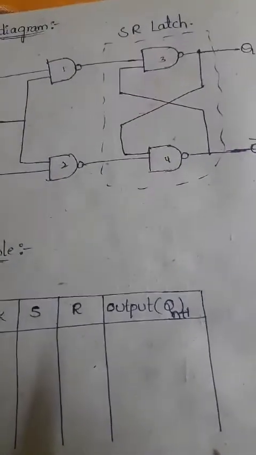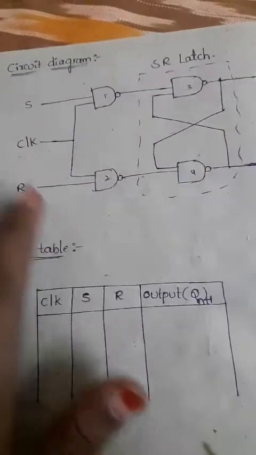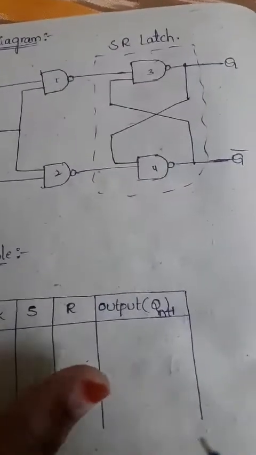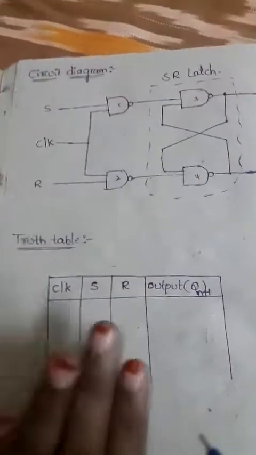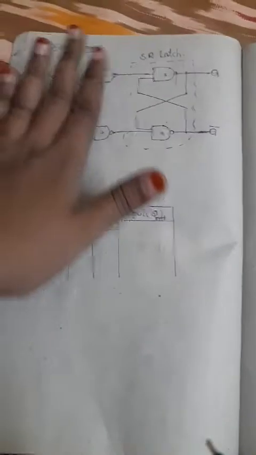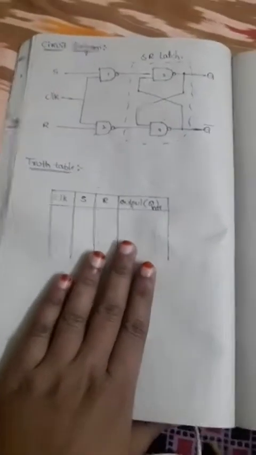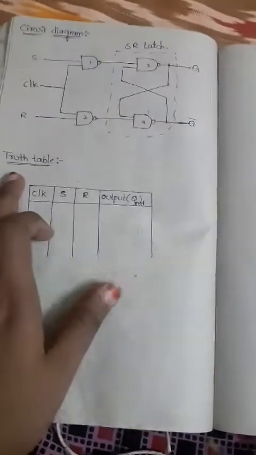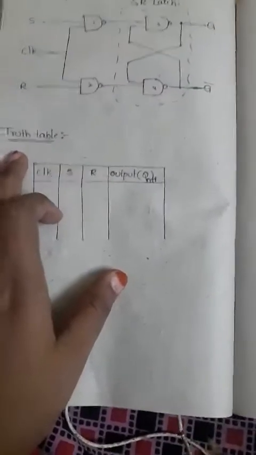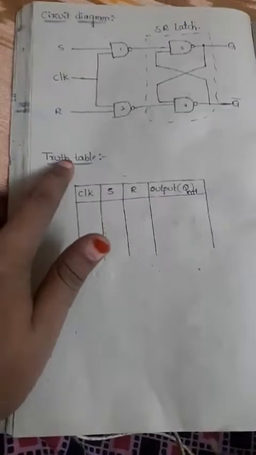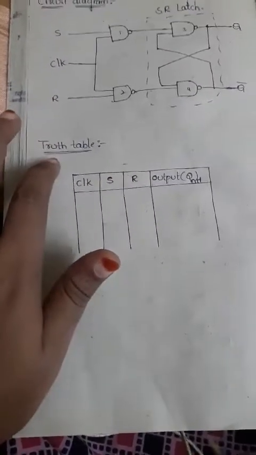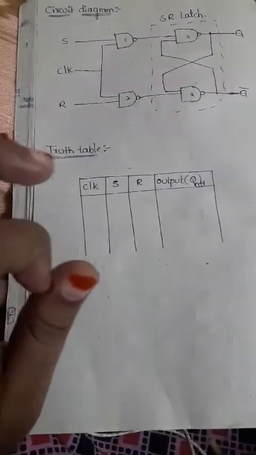So now let's see the working principle of the SR flip-flop. This is the circuit diagram. Now we'll see the working principle, and the output will be written in terms of the truth table. So depending on the working principle, we'll write the output in terms of the truth table. What is meant by truth table? A truth table is nothing but the relation between inputs and outputs.